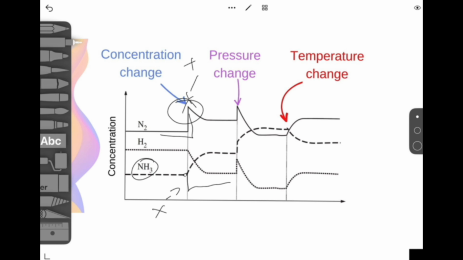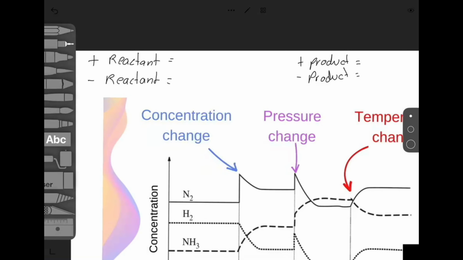If the change is an increased concentration for N2, the equilibrium will shift in such a way to reduce the concentration of N2. Therefore, the forward reaction would be favored because the forward reaction uses up N2 and converts it into NH3.